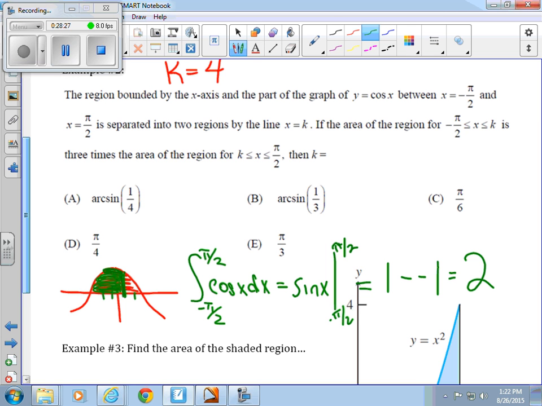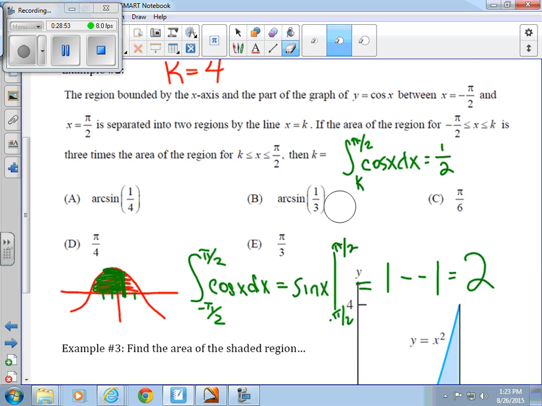Either way, that means that the integral from k to pi over 2 of cosine of x dx equals 1/2. Does that look like a problem we just worked a second ago? So this is sine of x from k to pi over 2.